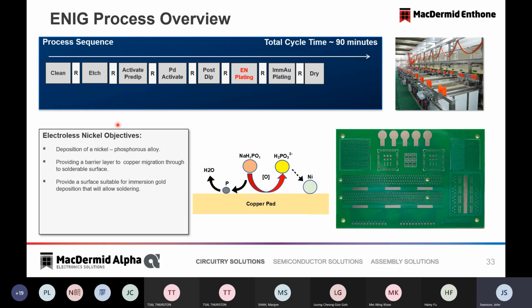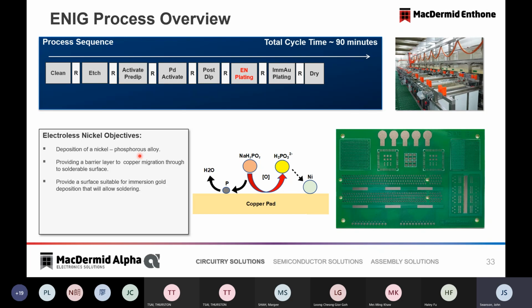surface. Electroless nickel will deposit a nickel phosphorus alloy, and we can vary that alloy from typically somewhere low percent, around 5 or 6, to a higher percent, perhaps 12%. The higher the phosphorus level, the higher the corrosion resistance of the nickel deposit.